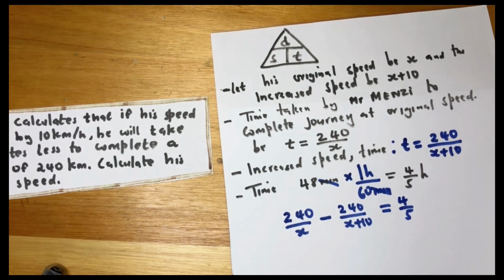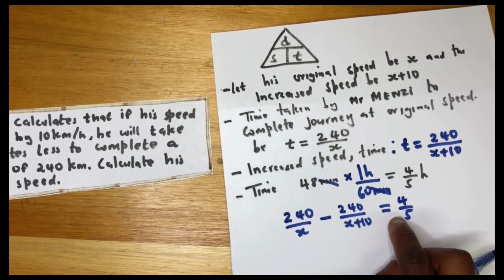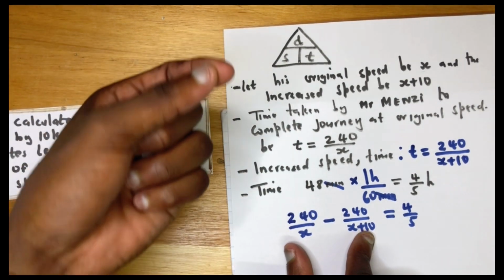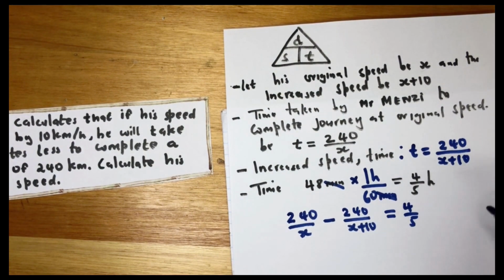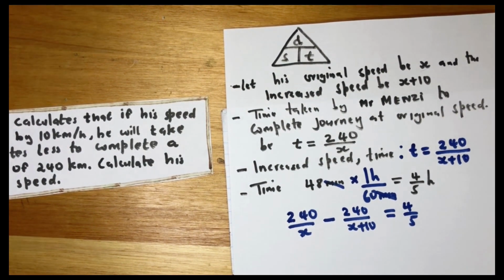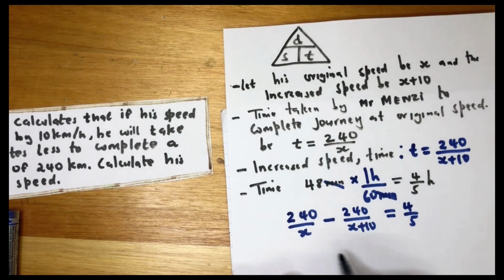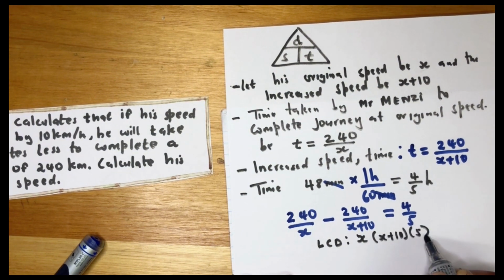So I want to find the difference between the original time and the time when he increased the speed by 10. Hope that it makes sense. So I have to find the LCD here. The LCD is going to be x into x plus 10 and a 5.